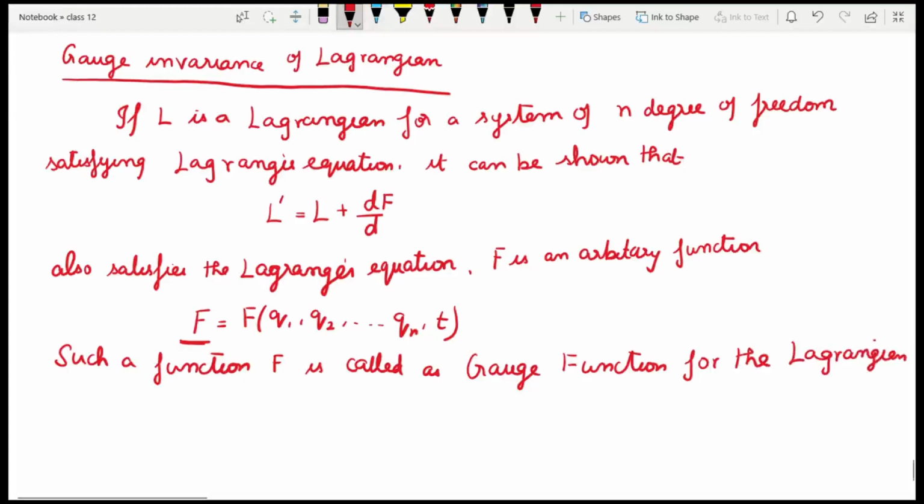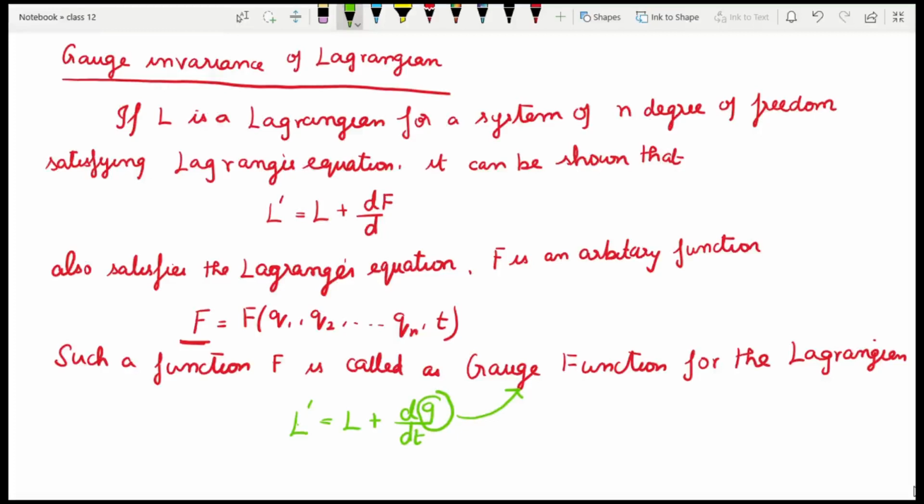Now if you see in the given question, they have given L prime is equal to L plus d by dt of g. Here g is the gauge function for the Lagrangian equation.